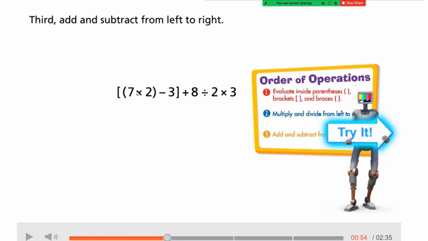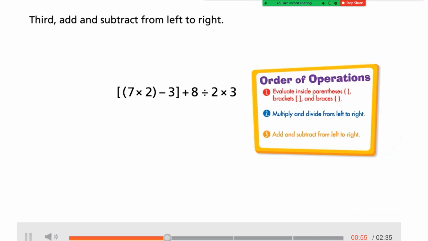So if your innermost one is the parentheses, you're going to start there. Then you'll work out to your brackets, and then you'll work out to your braces. So the outermost one is always going to be the braces if you have all of them. Right inside of the braces, you're going to have the brackets, that's the squared off one, and then inside is the parentheses.